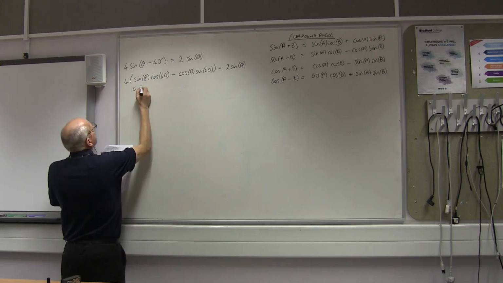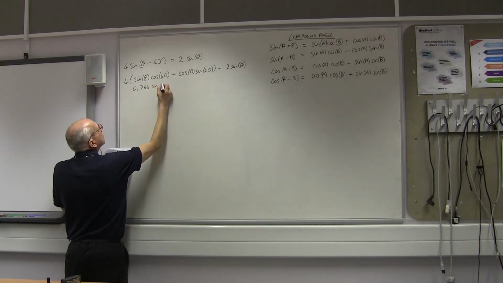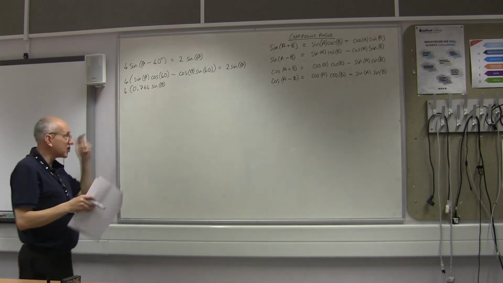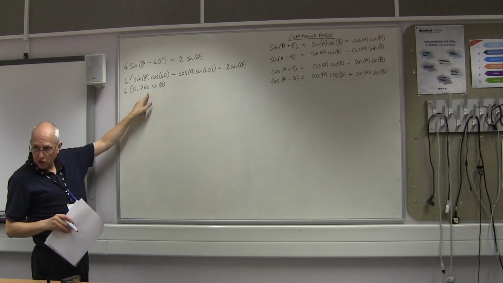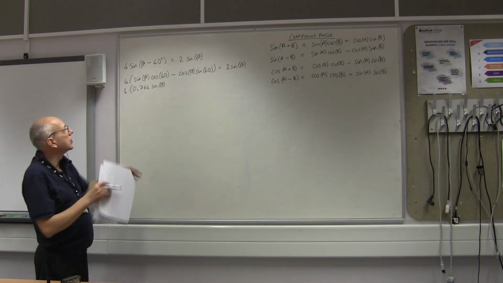So 0.766 I've got. What I've done there is brought the number to the front, because that's the standard procedure, to put the number in front of the trigonometry function.